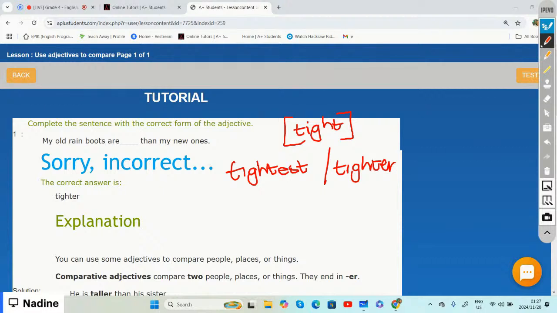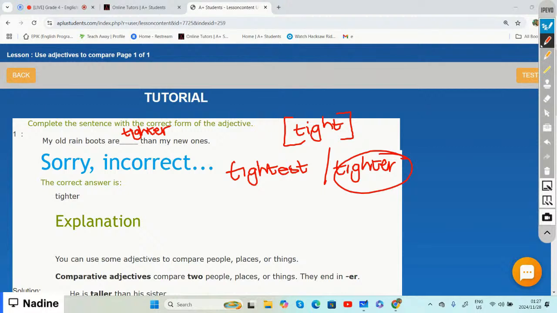And if we were to select the correct answer, right, then yes, we can say my old rain boots are tighter. Well done. So we say tighter than my new ones.